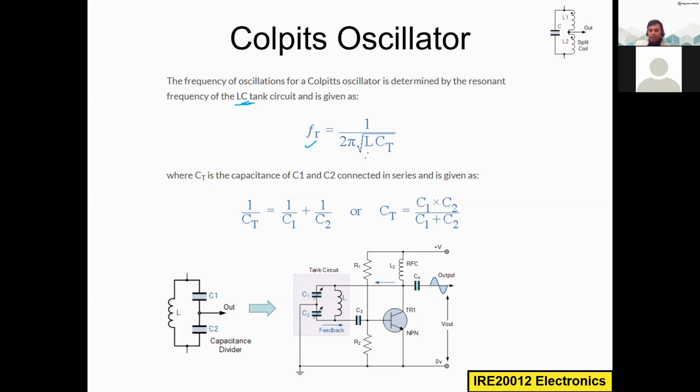Here L is just a single inductor, so no problem. But the capacitance is based on two values, C1 and C2, which are connected in series. So the effective capacitance is CT equals C1 C2 divided by C1 plus C2. This is the standard formula whenever we connect capacitors in series.